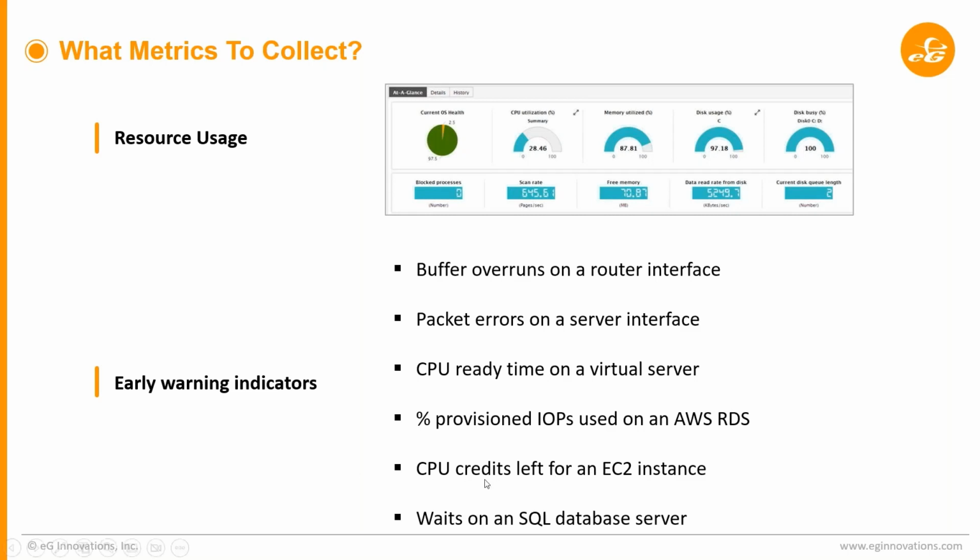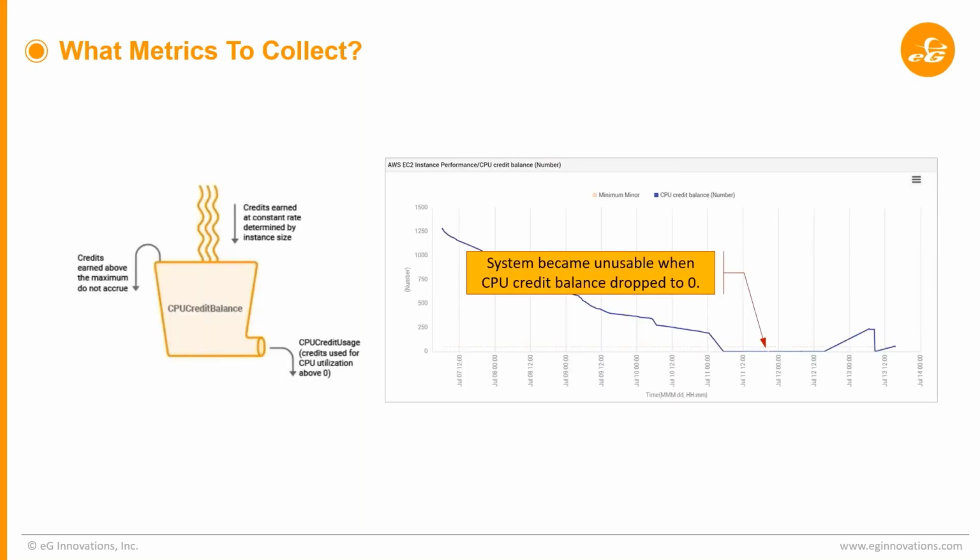Same way, I'll give you an example later on, CPU credits on an EC2 instance. Cloud environments are very different. Up until the point in time where you use what is available to you, you will be fine. But the moment you go beyond a certain point, your application is going to stop and you will have huge performance issues. So early warning indicators are important metrics that you need to collect.